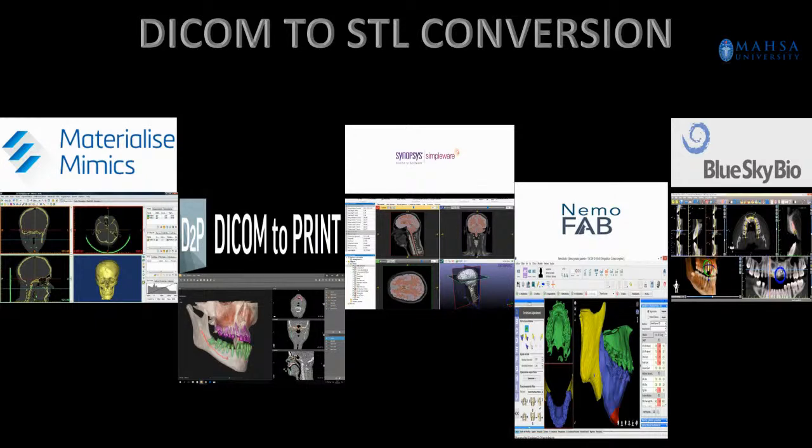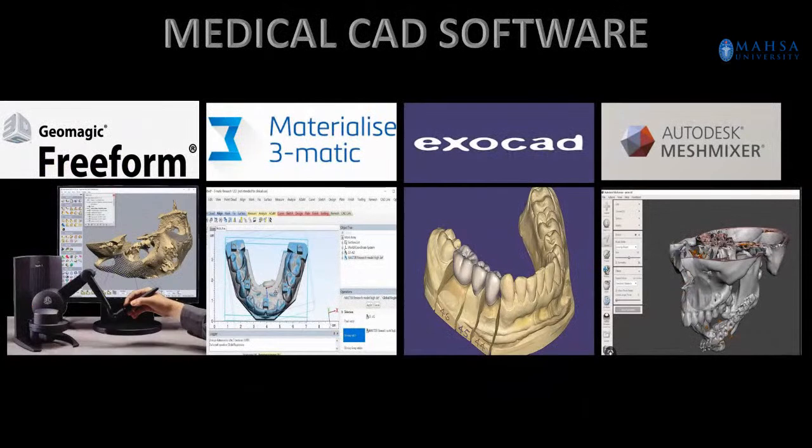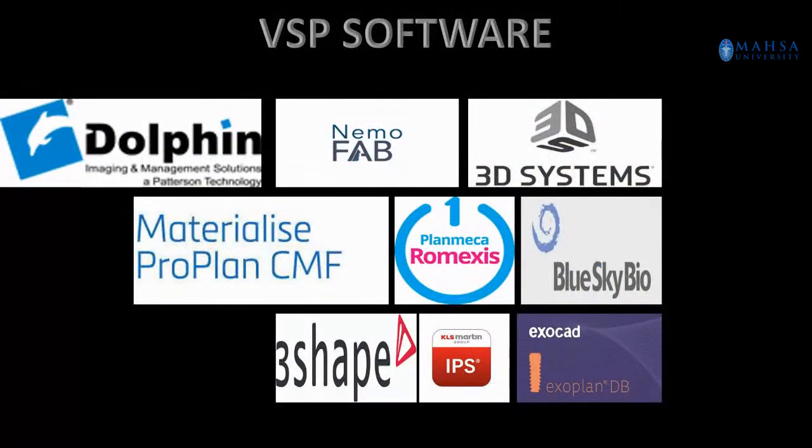So you need a software for converting DICOM to an STL. There are free versions, there are paid versions. You can choose whatever you want, and most of them are equally good. Then you have CAD softwares if you want to design something, and then we have VSP softwares. Orthodontics is becoming a big branch today because of the concept of VSP and how useful we are going to make it, and finally 3D printers.